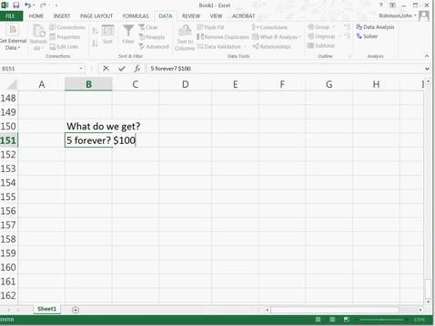Okay, so the key to this question then is what are we giving up? We get a 5 forever that's easy to value, but then we give it back. So what is the value of the thing we give back? Well, the thing we give back pays forever. It's a 5 forever.